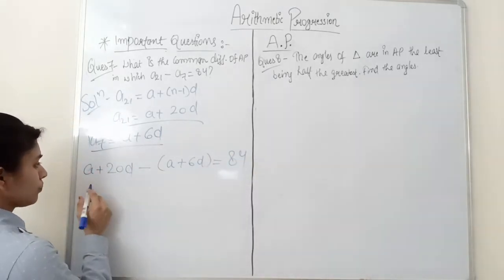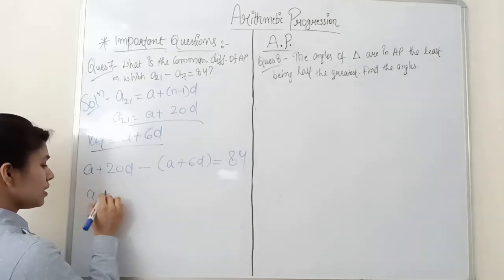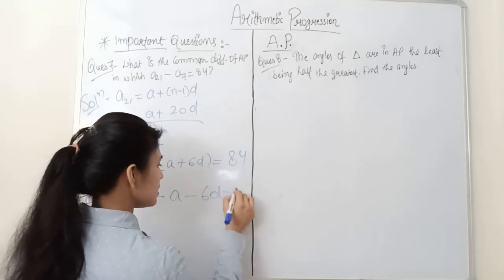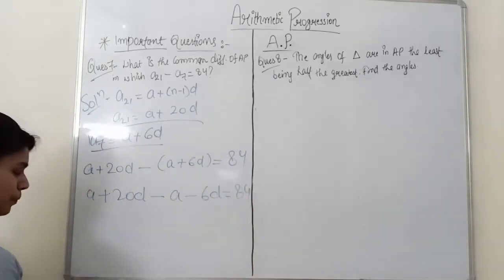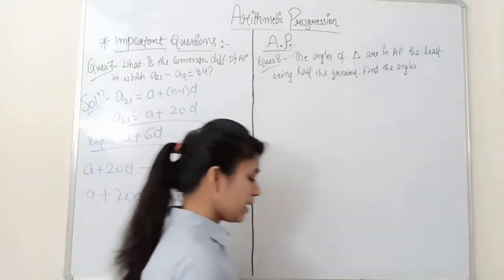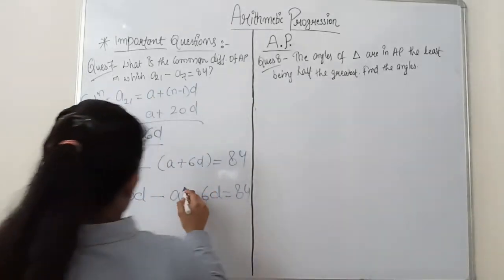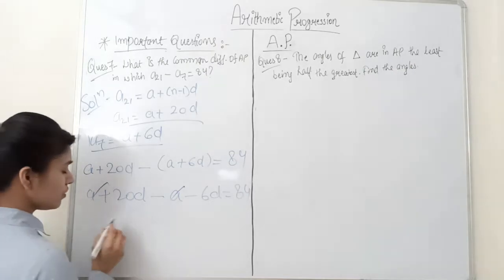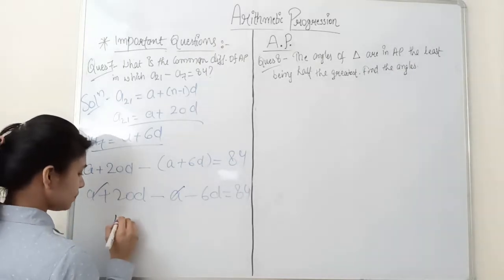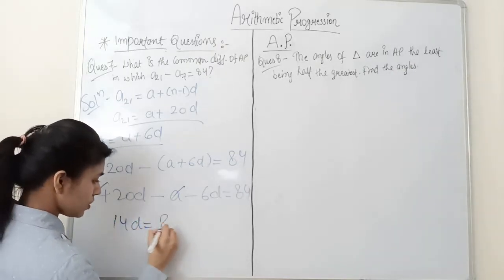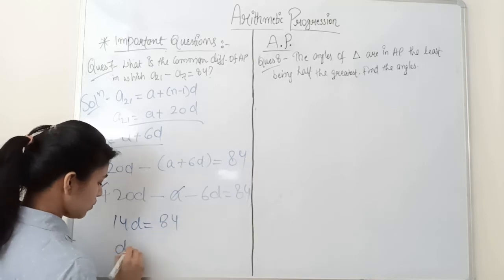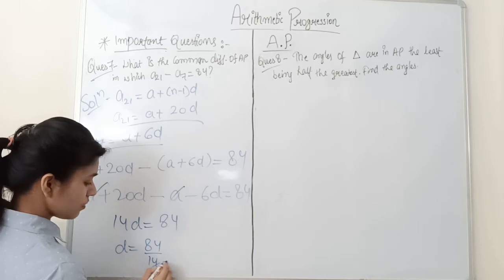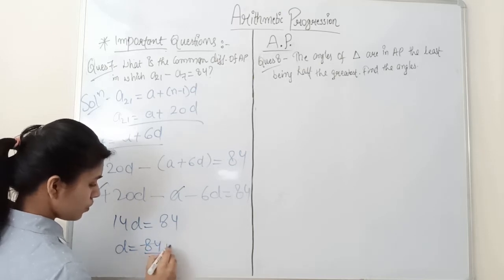Okay. A plus 20D minus A minus 6D is equal to 84. A and A will be cancelled out. 20D minus 6D will be 14D. D is equal to 84 upon 14. This will be cancelled out by 2. 42.